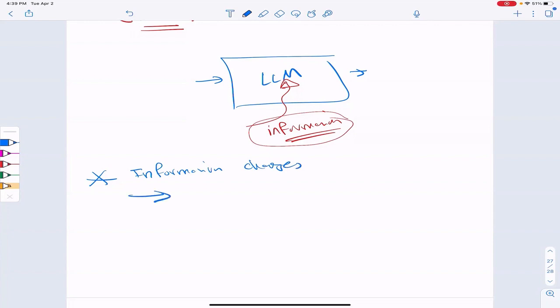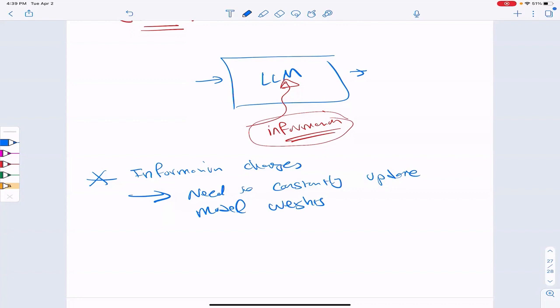So therefore, we need to constantly update model weights. You may say, okay, some information is static, fine, but again, there's a lot of things going on, right? There's a lot of new information, new knowledge.